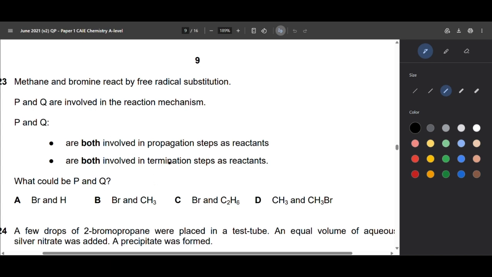Meanwhile, in the termination stage, all the reactants are free radicals that pair up to end the reaction. Here, we can see that the bromine radical and CH3 radical come again as reactants. So the characteristic is Br and CH3.